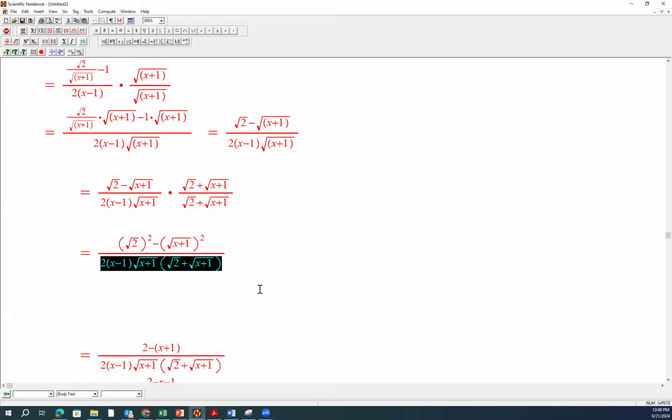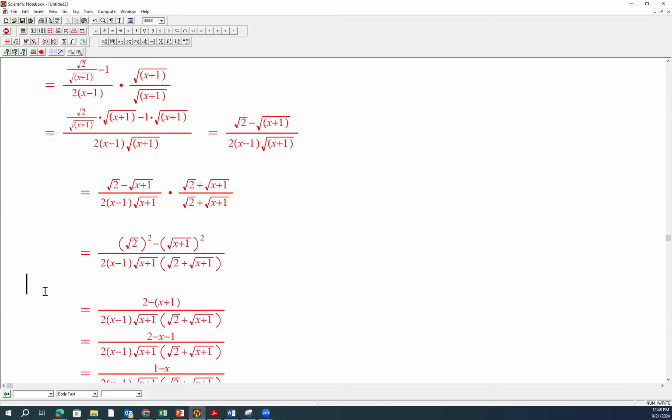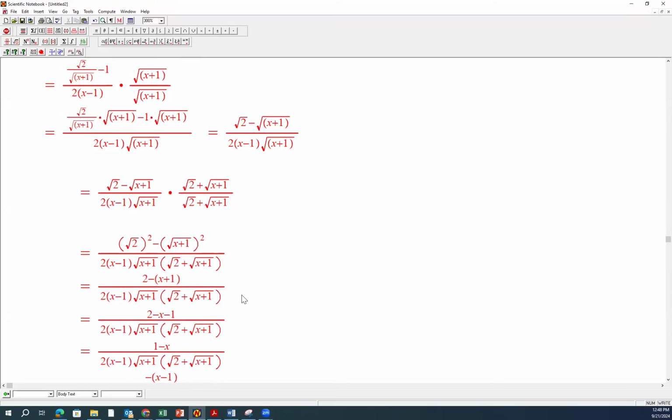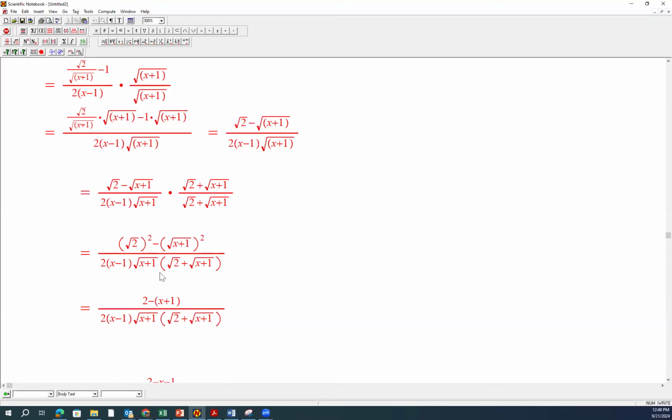Don't try to FOIL or expand. Just leave it like that. And the next step, we got this, because root 2 squared is 2, and root of x plus 1 squared is x plus 1.